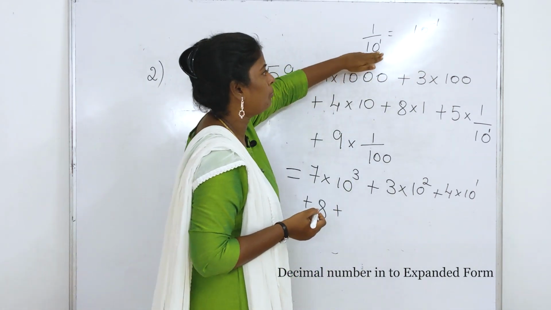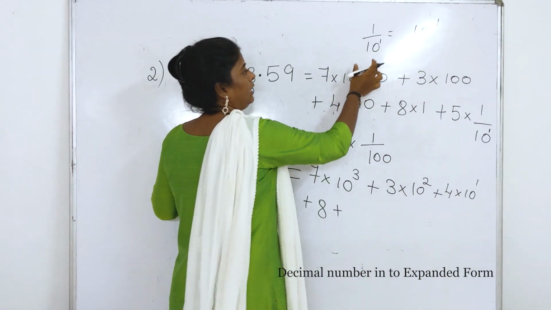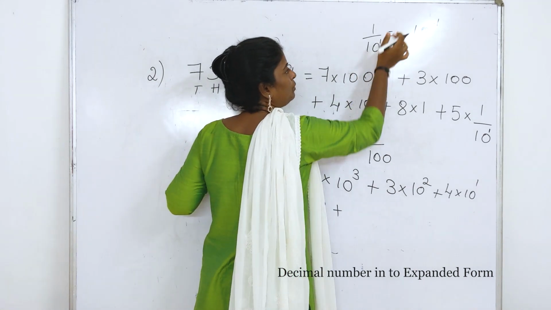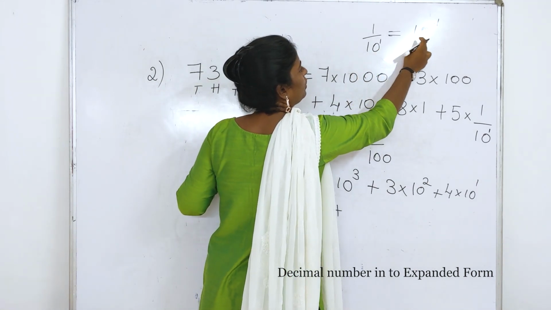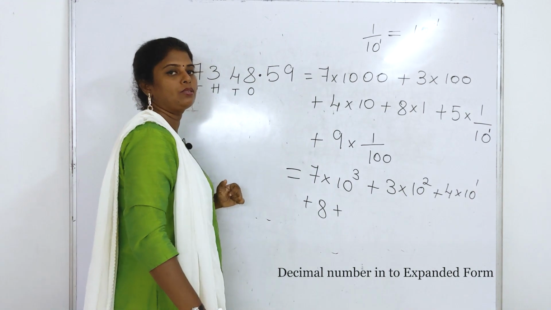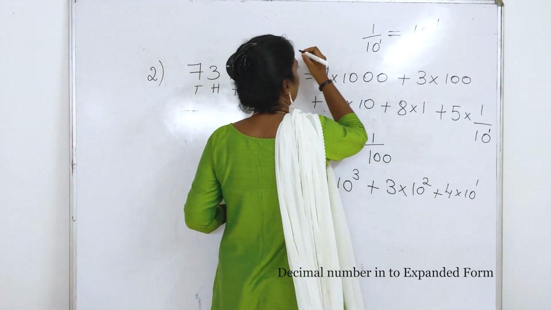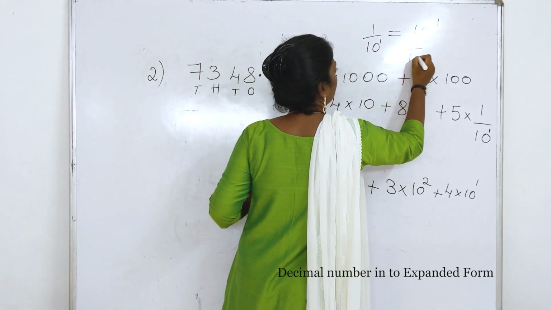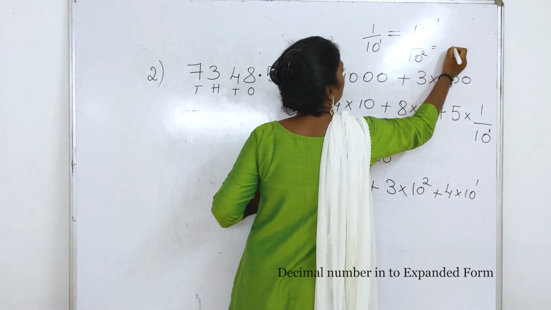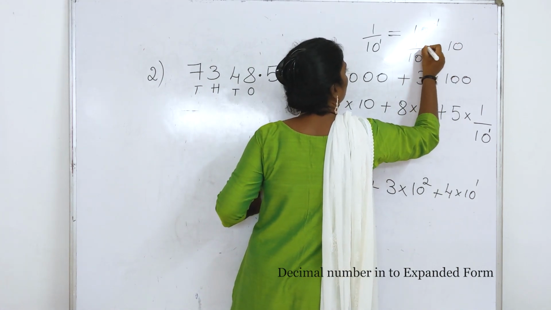If 10 power 1 goes to the numerator, then this is equal to 10 to the power minus 1. Suppose we have 1 by 10 squared, then this is also equal to 10 to the power minus 2 when it goes to the numerator.